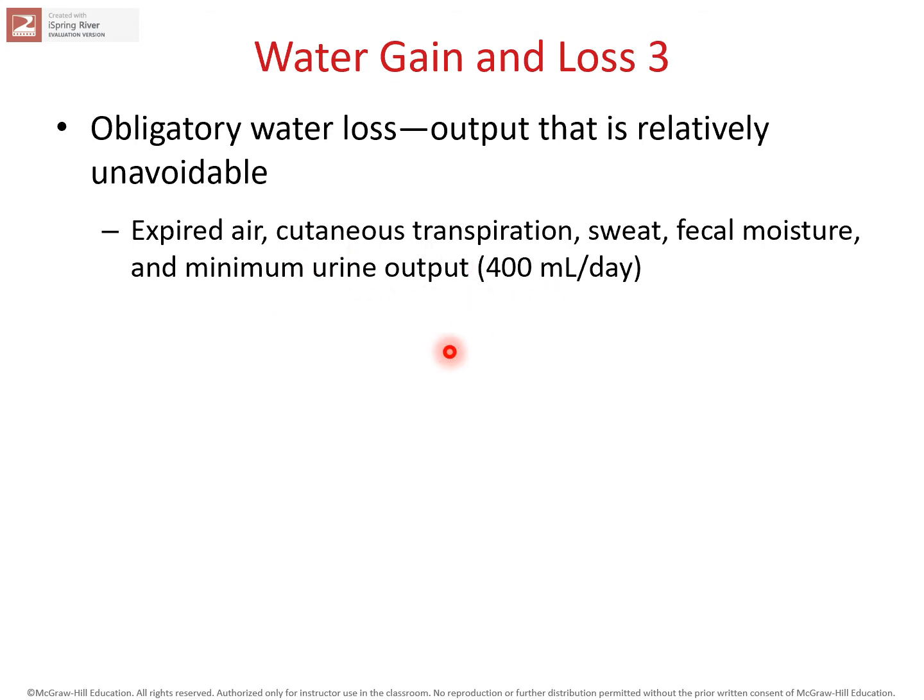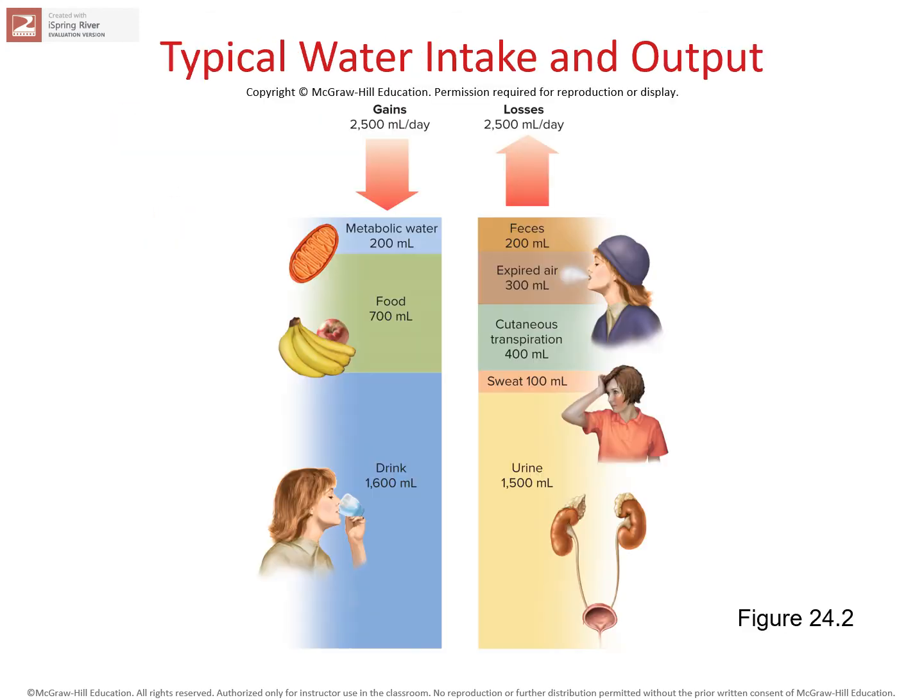So all of this together is called obligatory water loss. Okay, we cannot control how much water our body chooses to lose through urine or through expiration or transpiration or sweat or feces.